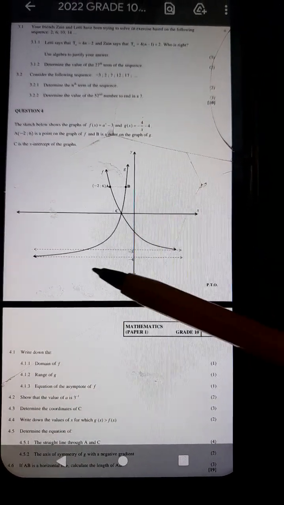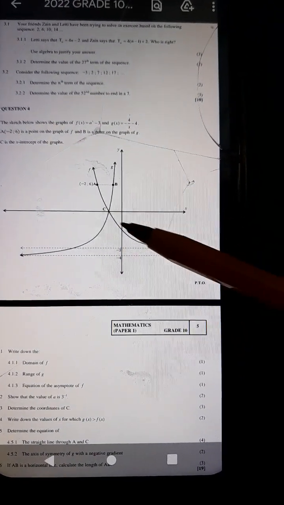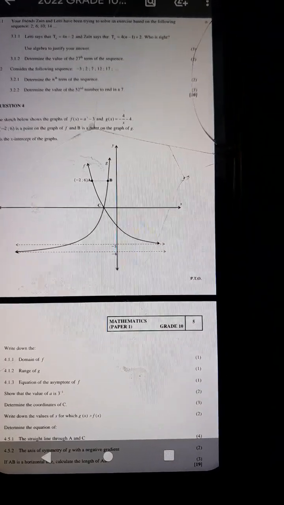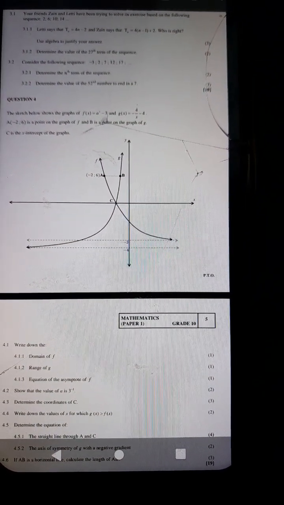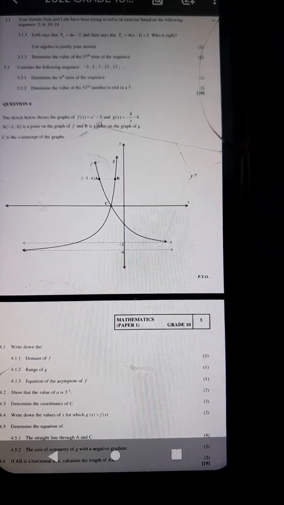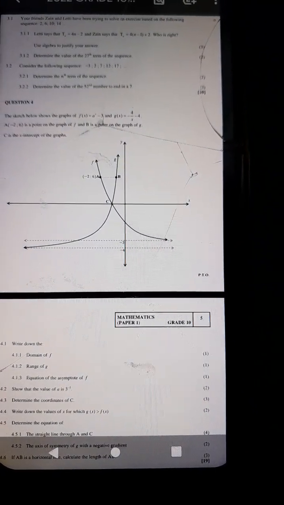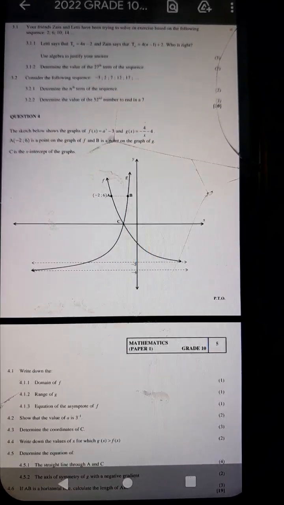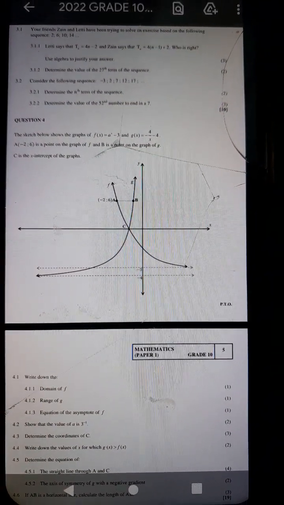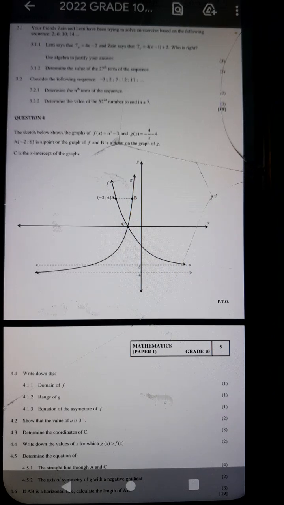Well, the domain of f, which is an exponential, will always be x is an element of real numbers. So you're going to write x ∈ R, guys. That's how you are going to get the domain of f.